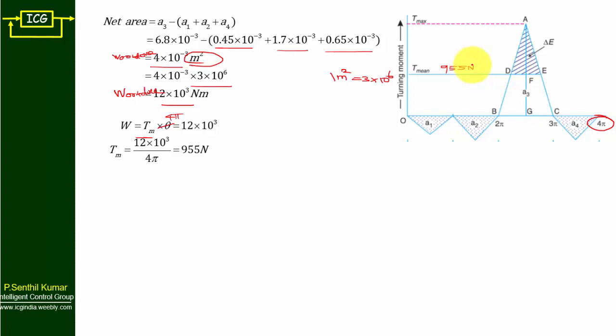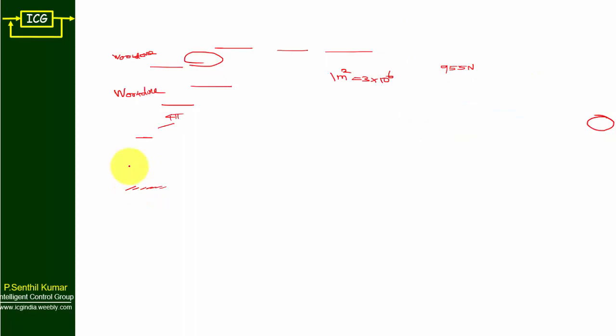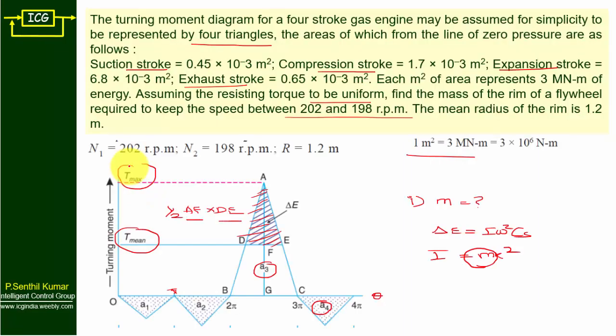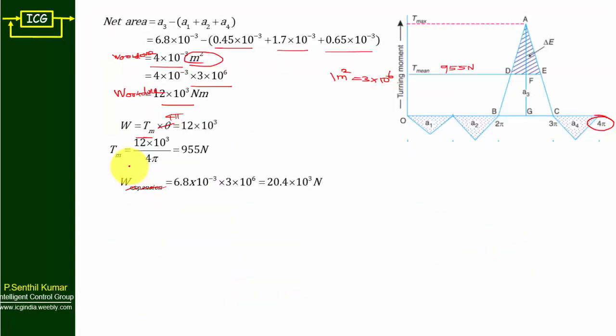Next, I'm going to take only the working stroke alone. So this is not an expansion, it's a working stroke. So W expansion, no problem, this is expansion, this is exhaust, so there is no problem.